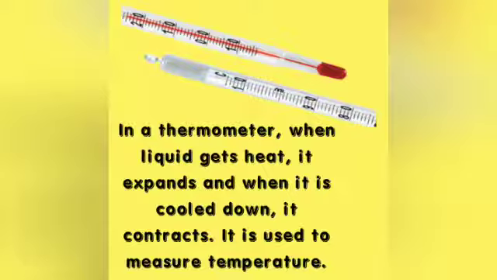When we place the thermometer in a hot substance, the liquid gets heated up and it expands to give us the measurement. The same way, when we put the thermometer in a cold object, it gets cooled down and it contracts to give us the measurement.